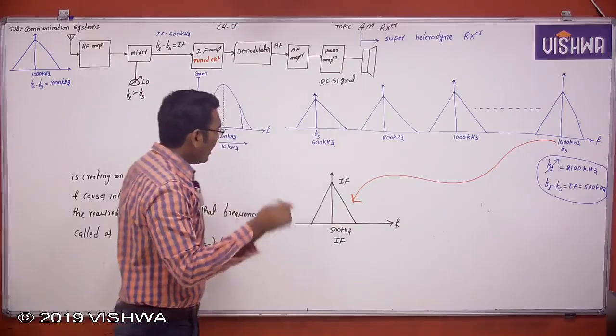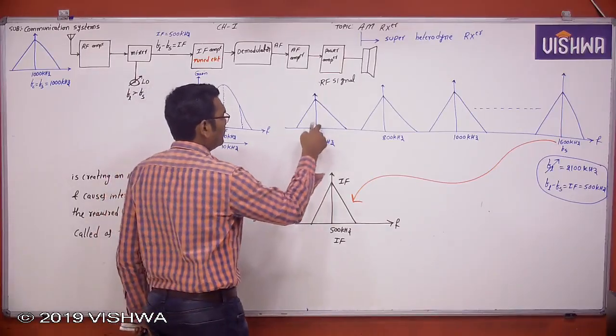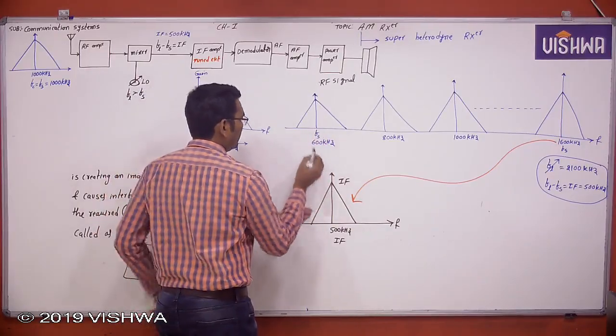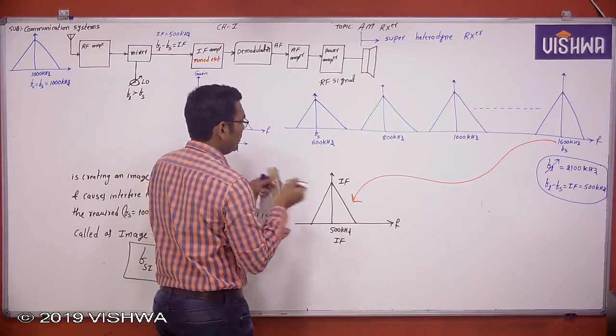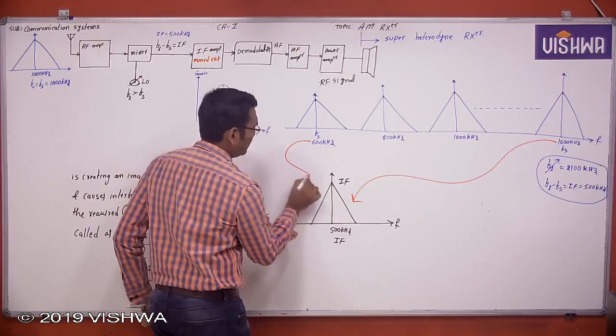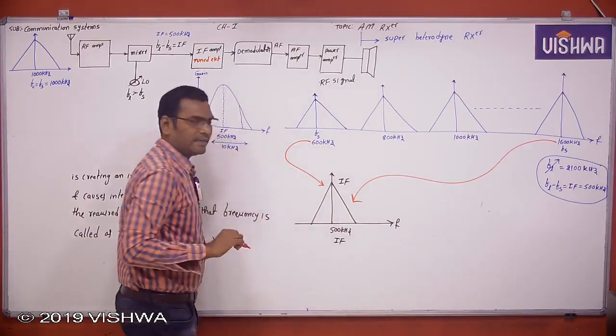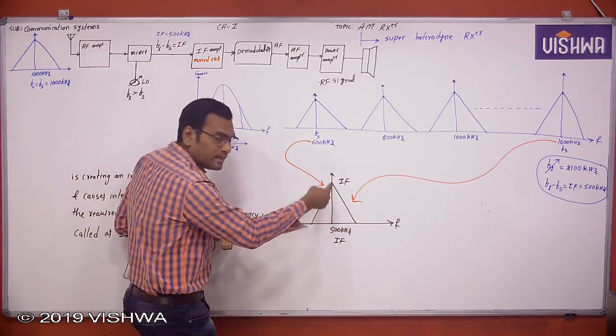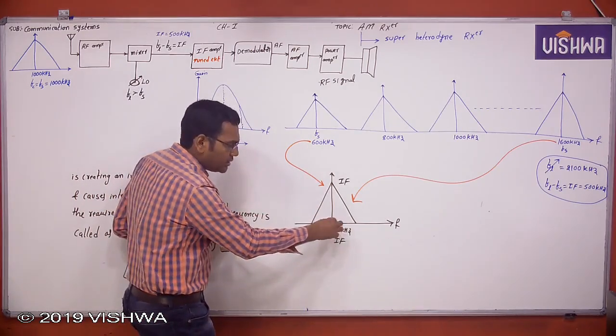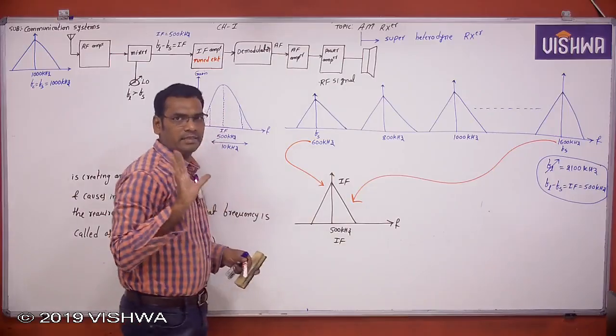Am I right or not? And at the same time, this 600 kilohertz signal is also down converted to IF. Now see here, this is 500 kilohertz, center frequency is 500 kilohertz with a bandwidth of 10 kilohertz. Clear or not?